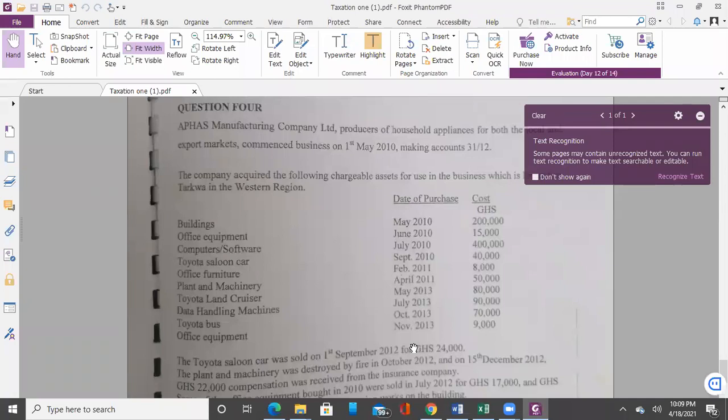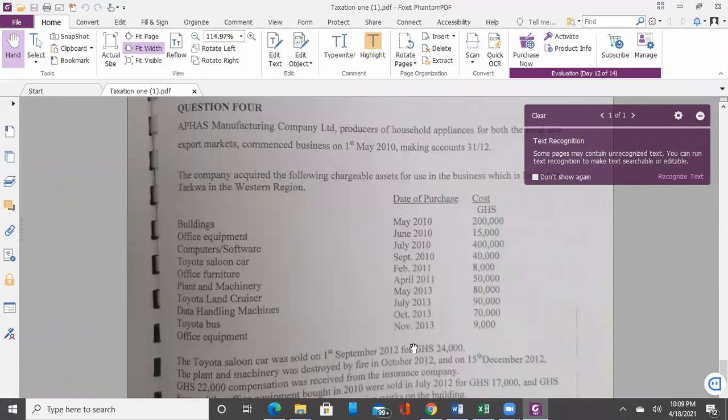The Toyota saloon car was sold on 1st September 2012. Plants and machinery was destroyed by fire in October, and a compensation of 22,000 was received. Some of the office equipment bought in 2010 was sold in July for 17,000, and 20,000 was paid in December 2013 for extension works on the building.